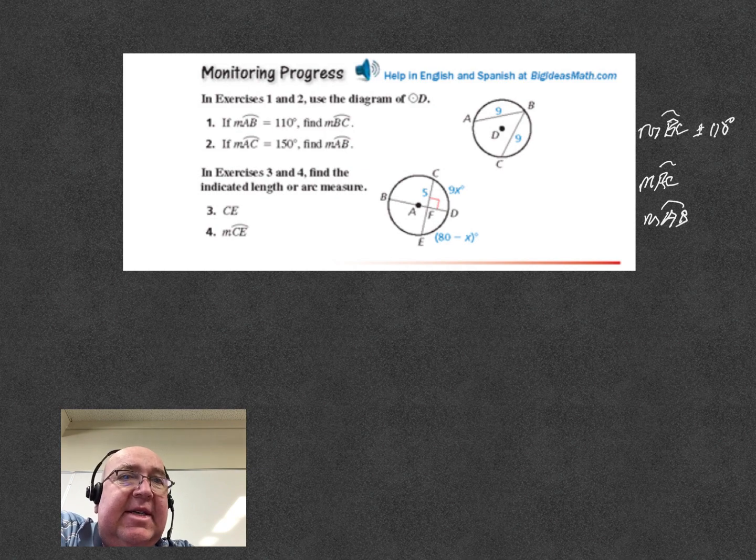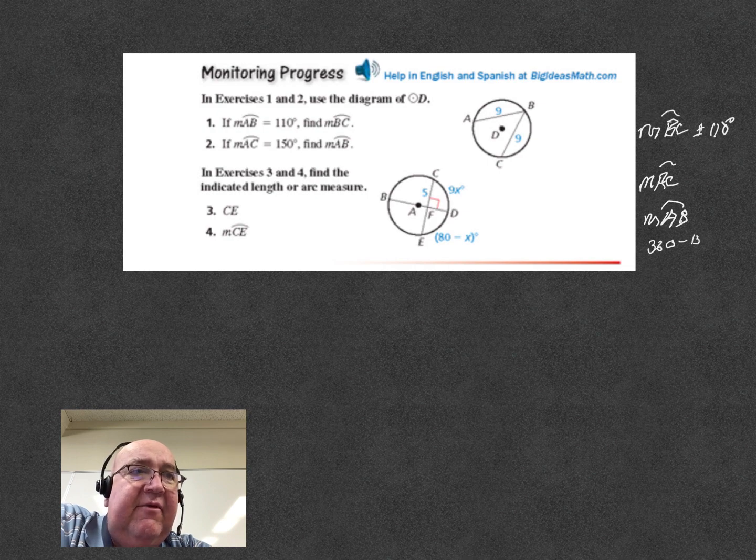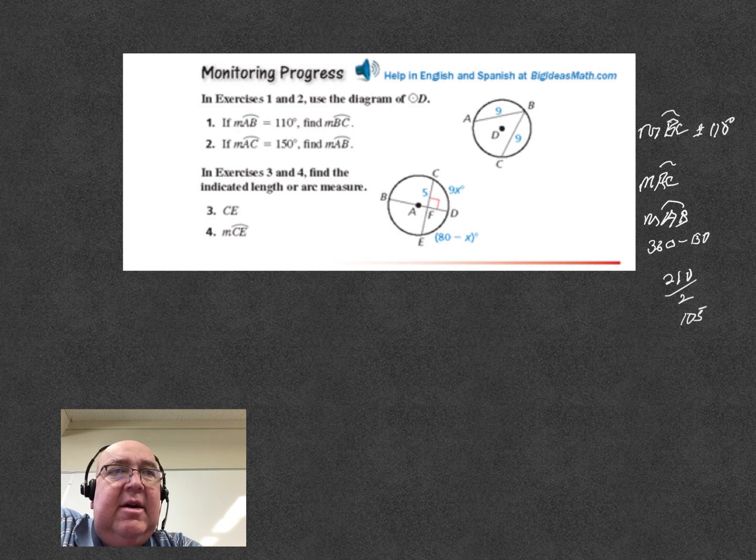And we know that AC is equal to 150, so we're looking for AB, and that is going to be 360 minus 150, and then divide by 2. So we get 210 divided by 2, which is going to be 105. That will be the measure of arc AB.